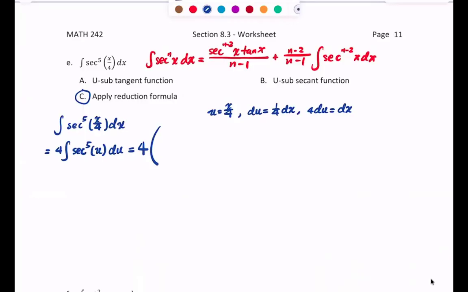So n in this case is 5. 5 minus 2 is 3. 5 minus 1 is 4.